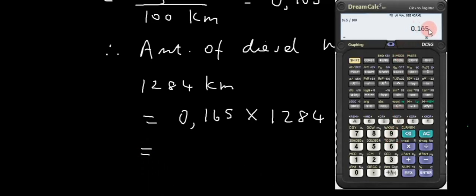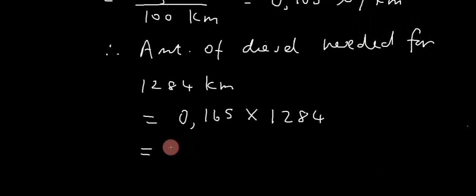So 0.165 multiplied by 1284. And we see that this comes to 211.86. And it's the amount of diesel, so liters.